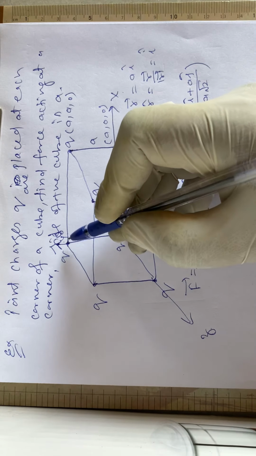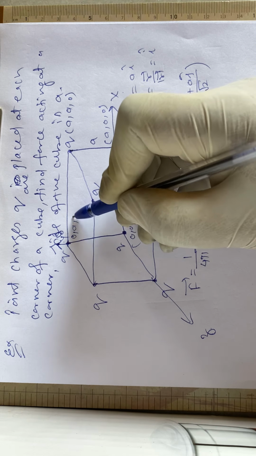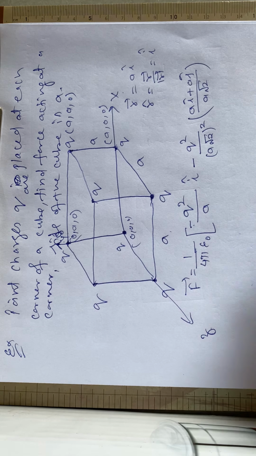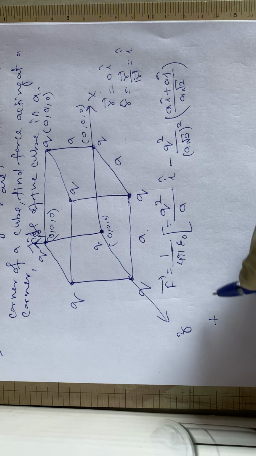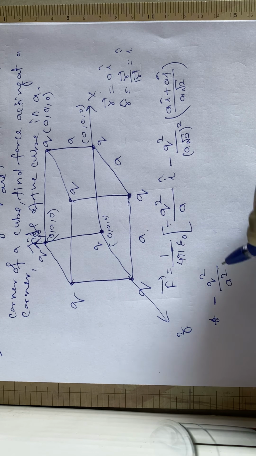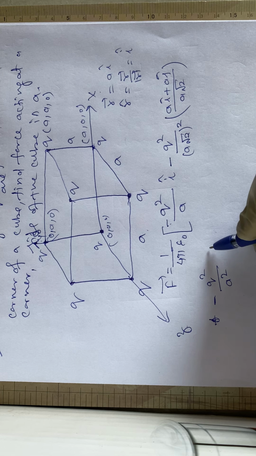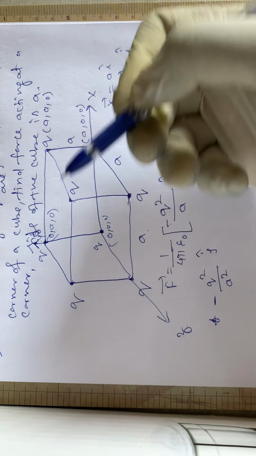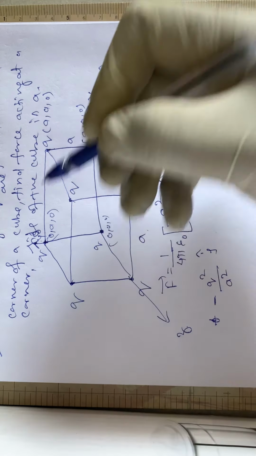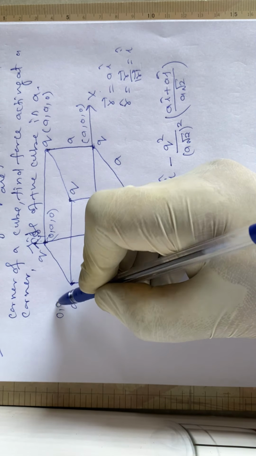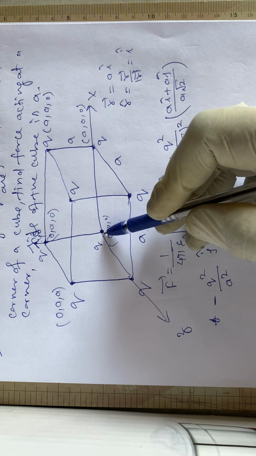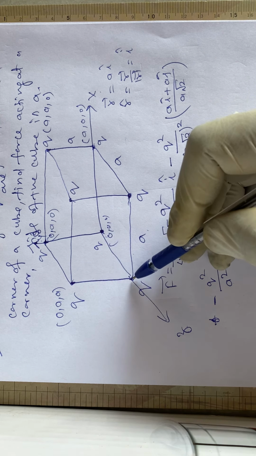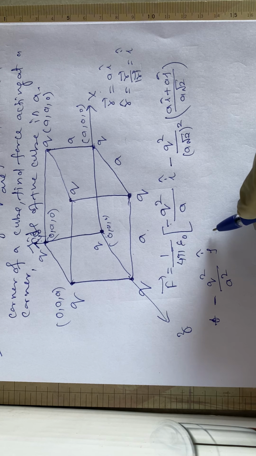The same way, write down the coordinate of this point, (0, A, 0). So what would be the force? It's again repulsive, minus q square upon A square, times A j upon A, that is minus j cap. Now take this point, whose coordinate would be (0, A, A).